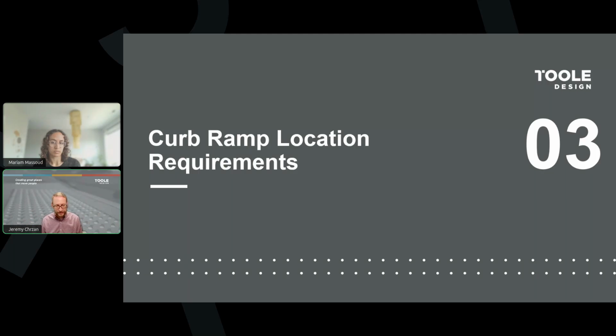That does typically require some grading or the creative use of things like curbs along the back, sometimes referred to as cheek walls, which serve as a mini retaining wall that limits our impacts of grading. All of those are tools in our toolbox.